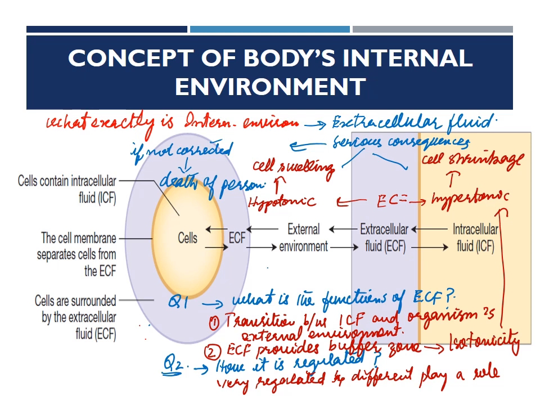And different mechanisms play a role to maintain it in a normal range. If this balance is disturbed, the cellular function will be disturbed. The cells cannot function when there is cell shrinkage. The cells cannot function when there is cell swelling.